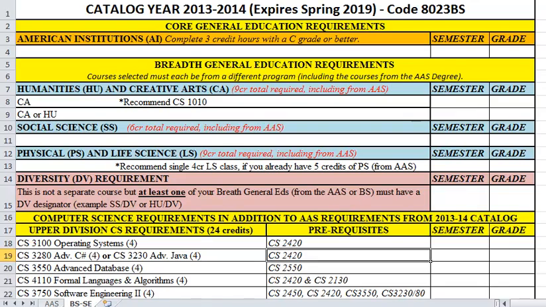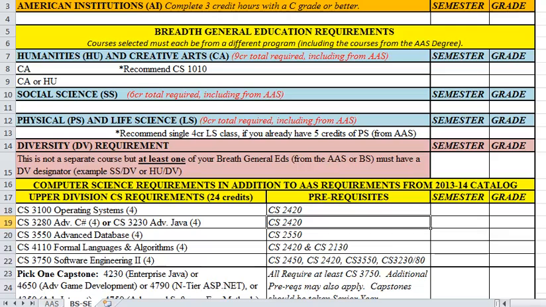Now for upper division computer science, basically any computer science degree, or any bachelor's degree, is defined as 40 or more upper division credit hours. It doesn't matter what you get the bachelor's degree in, it's always at least 40 credits of 3000 and 4000 level coursework. In our computer science department, we start you off with 5 required classes.